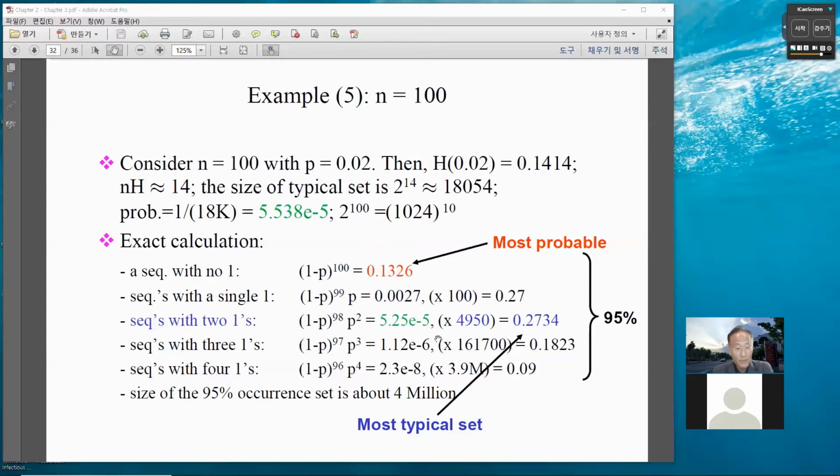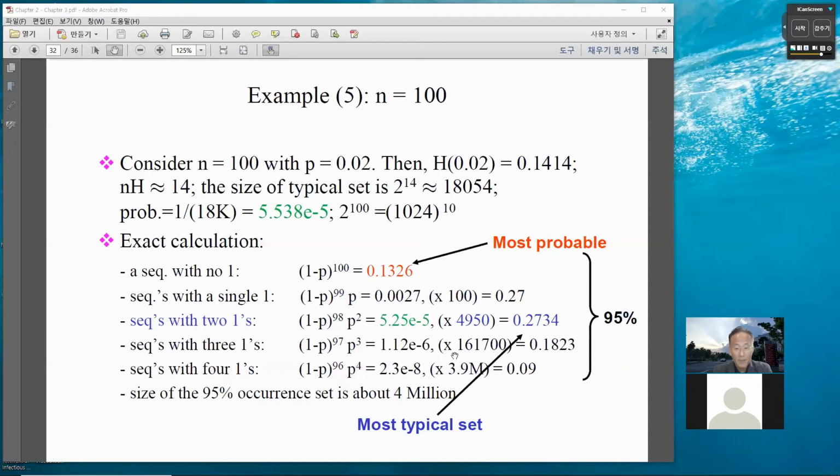Obviously, in this case, this one is closest to this number right here. And that is the case with 2 ones, because that is exactly the case with n times p equal to 2, right? So that is the most typical one, okay? Most typical set, okay? The set size is largest as well.